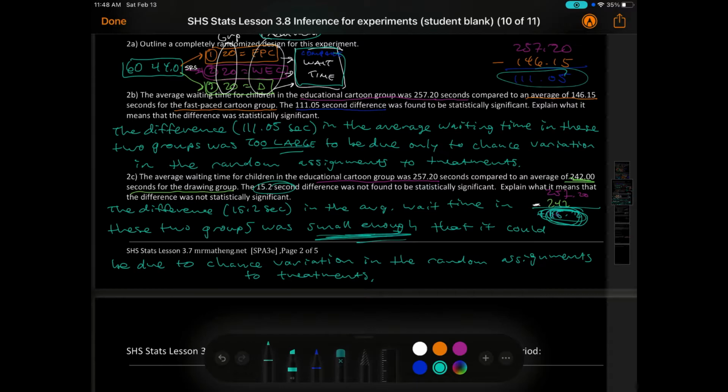So if I have that crazy kid who's randomly assigned, well, you're saying it doesn't matter. We're saying it's actually the treatment. It's actually watching the educational cartoon or the drawing that has made little kids wait longer to get more of the candy. Rather, the fast-paced one kind of encouraged kids. Maybe it's like hurry, frantic. You're just moving really fast, and it makes the kids move faster. Okay. All right, let's move on now.